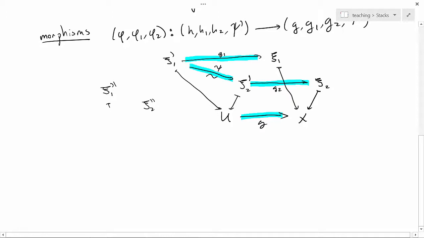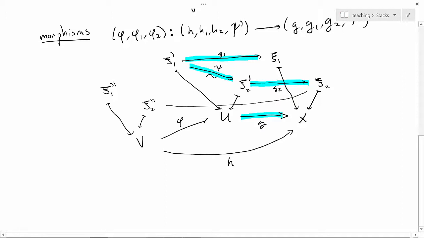These are going to be some objects lying over some different base V. I'm going to have phi be some morphism from V to U, but V together with the C1 and C2 is going to be this object described by these H's. So this is going to be some map H. I have some Cartesian arrows which take these guys over here.